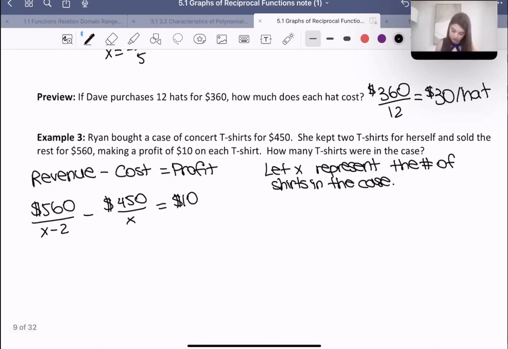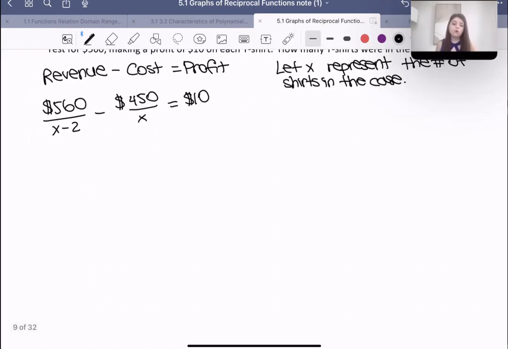So first of all, to subtract, what do we need to do? We need the denominators to be the same in order to even subtract these. So to make the denominators the same, I'm going to multiply the first term by x over x. So we're going to have 560x over x times x minus 2. And then over here, I'm going to multiply everything by what? By x minus 2.